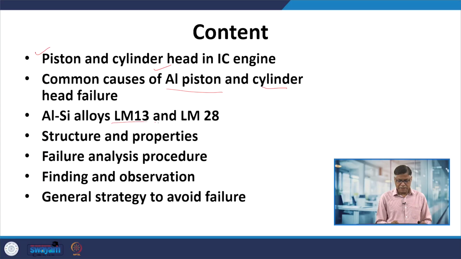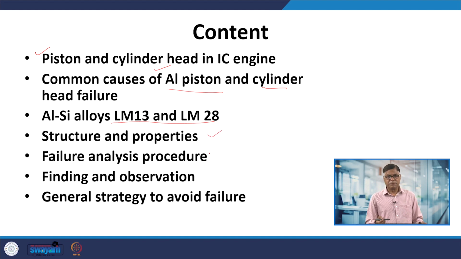and then how issues related to heat treatment, alloy composition, wear resistance and hardness can lead to the failure of these components. Initially, we will see the piston and the cylinder head, their position and role in IC engines, and the common causes of aluminum piston and cylinder head failure, and the common aluminum silicon alloys used for this, like LM28 and LM13, and the structure and properties of these alloys.